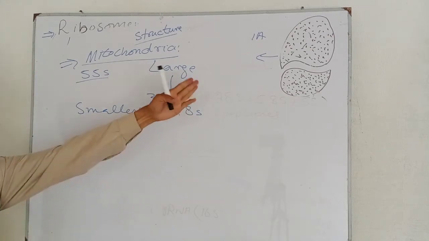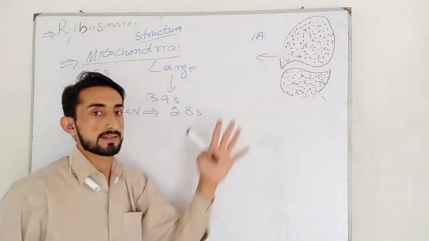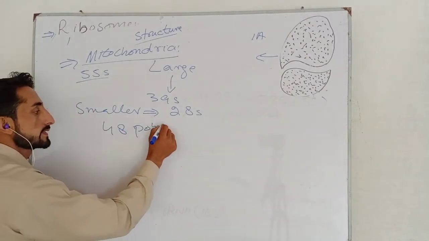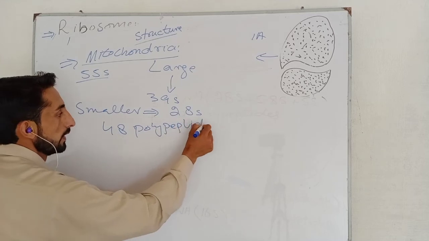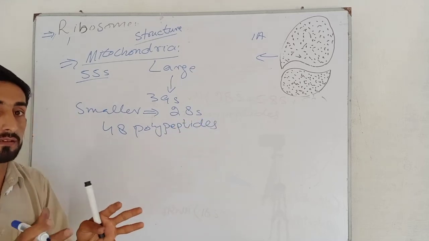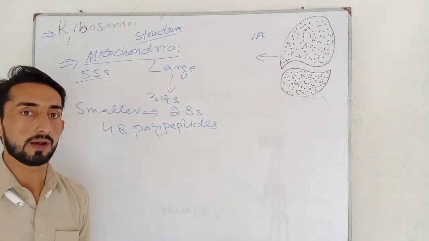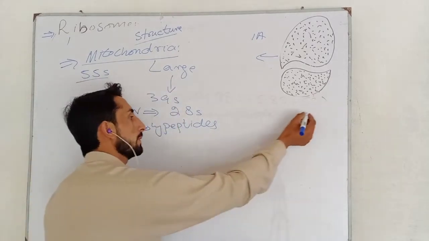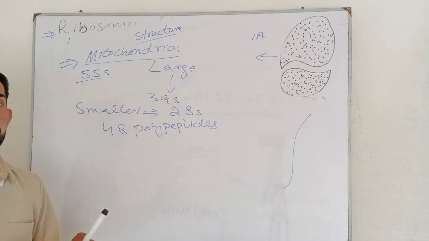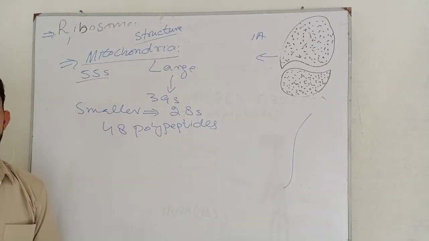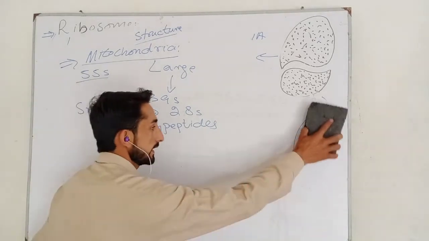Protein is also present in the manufacturing of this ribosome structure. So 48 polypeptide chains are present. The polypeptide is made up of different amino acids, and after modification and post-translation, these form the protein, which is then usable.